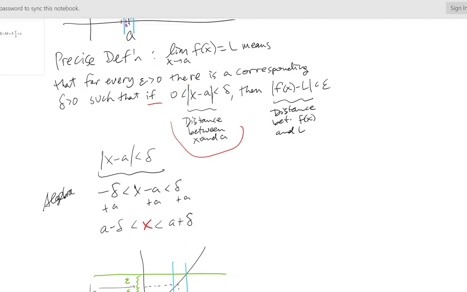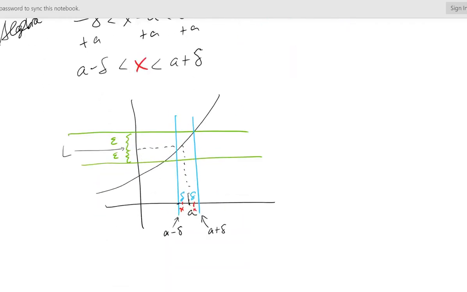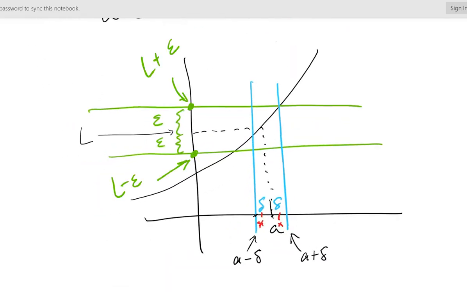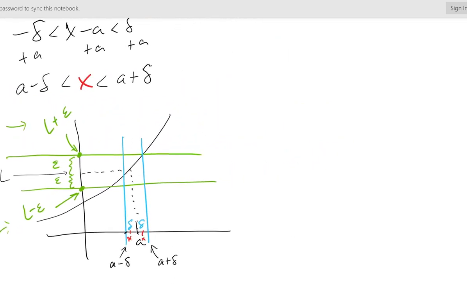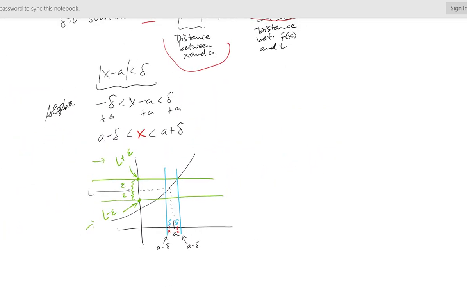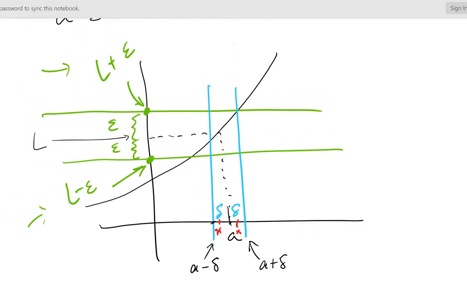All right, now if you take this one here, the absolute value of f of x minus L less than epsilon, it's the same thing, okay? So I'm going to draw that. So L plus epsilon here and L minus epsilon there. So what this means is that the f of x that you get out of either one of those x's, okay? So let's just choose this one.